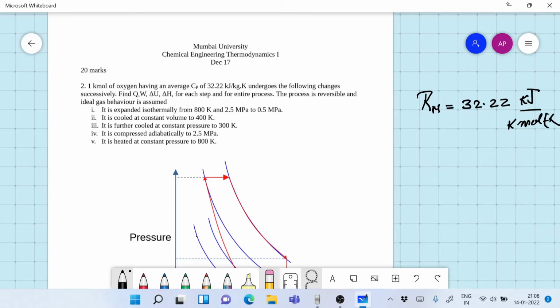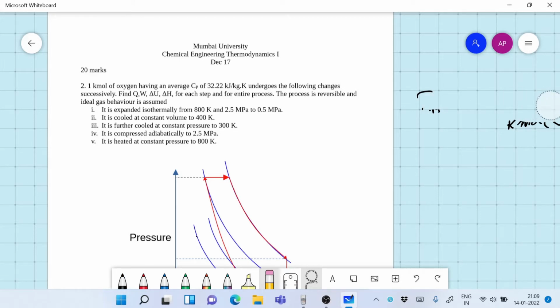Therefore, we have to take this value for oxygen. The value of Cp for oxygen should be read as 32.22 kilojoule per kmol Kelvin. That should be read as the value for R.